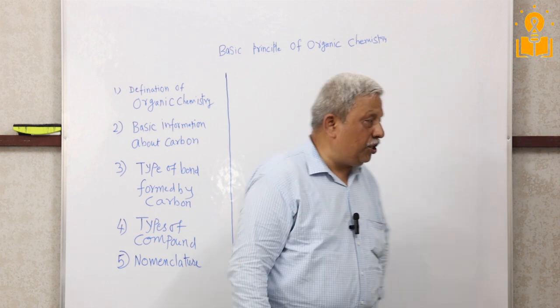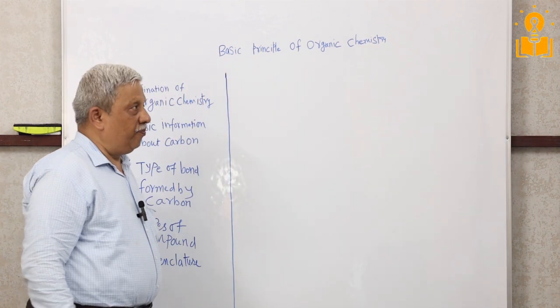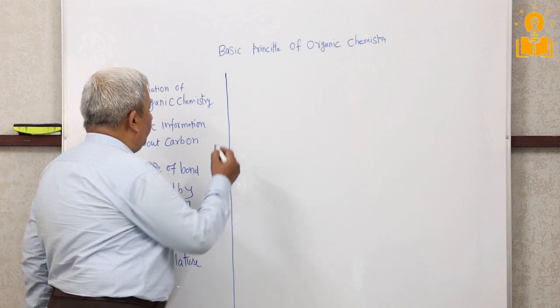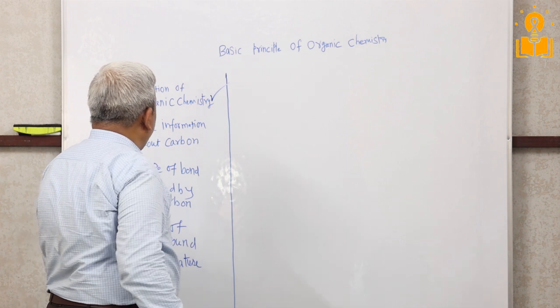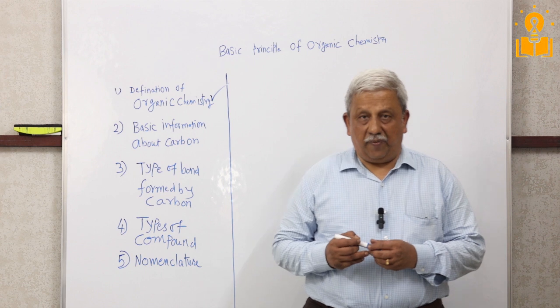Now I am going to teach something about the basic principle of organic chemistry. Whenever we consider the basic principle of organic chemistry, the first thing that we should learn is the definition of organic chemistry. So, what is organic chemistry?